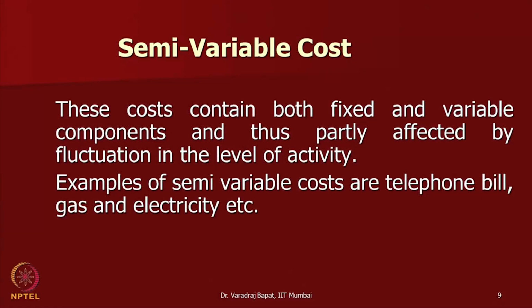Such costs are called semi variable costs. Now an example is the telephone bill. Nowadays of course there are different types of plans, but traditionally the telephone bill used to have a component of rent and there would be call charges. As you increase the number of calls, there will be more and more call charges. So the telephone bill was a good example of semi variable cost.